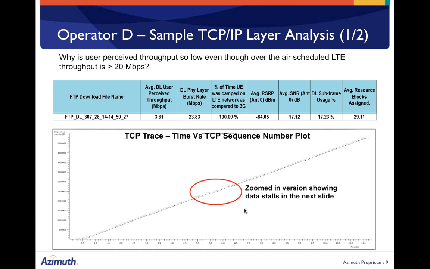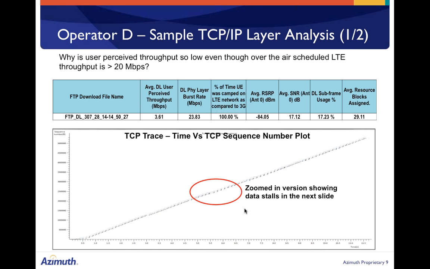The x-axis is the time axis from 0 seconds to 11.5 seconds in this example, and the y-axis is the TCP sequence number, which is 0 bytes to 5 megabytes on top. So this is showing you how data is coming in from 0 MB to 5 MB as time moves along. And when you look at this picture, there is some trace of TCP stalls, or situations where no data is coming into the UE, and the next slide will show you the zoomed-in version of the section that I'm showing.